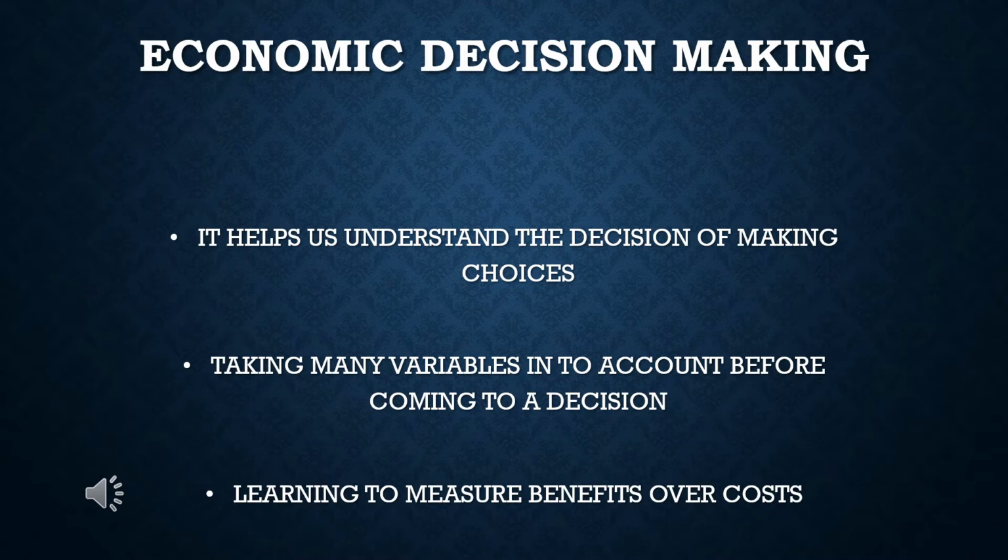Profit maximization is the measurement of the financial benefits over the cost incurred by the organization over a certain period of time. This particularly, my students, is the base of economic decision making.